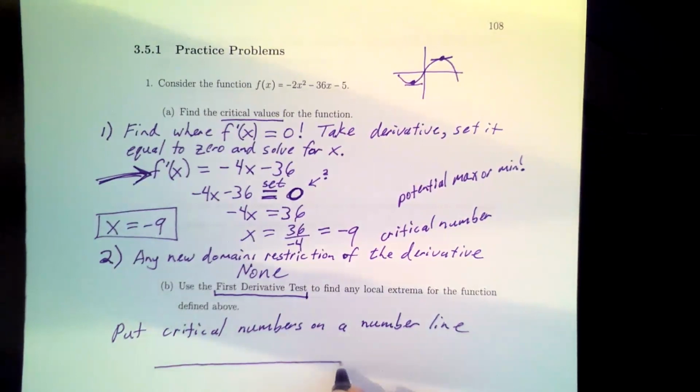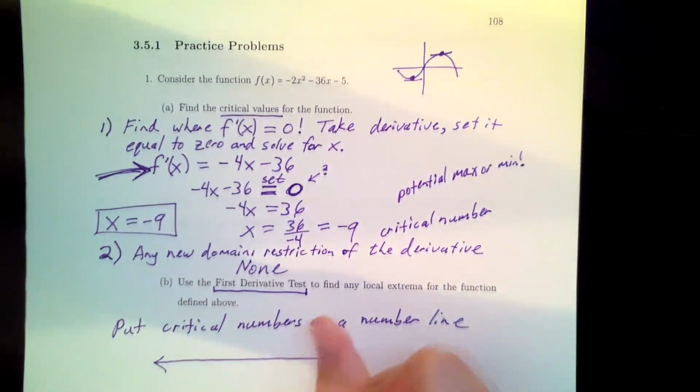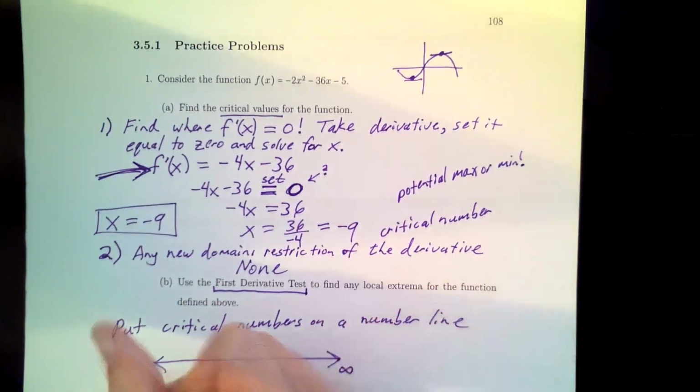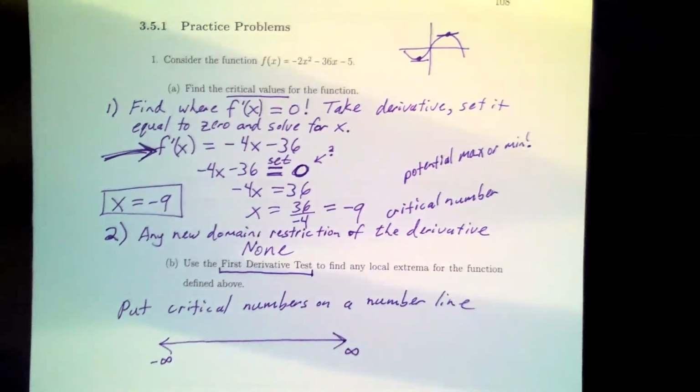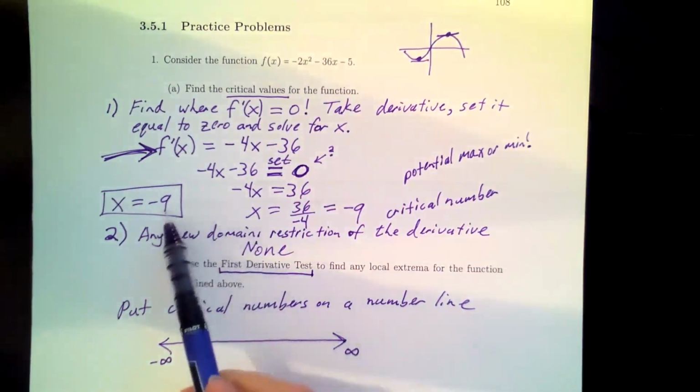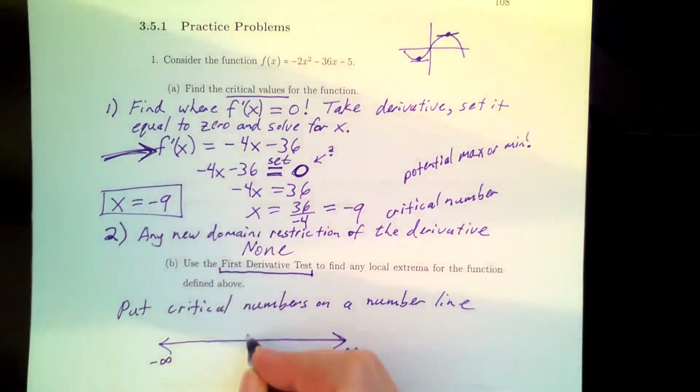Create a line where all the way to the right is infinity and all the way to the left is minus infinity. And this is supposed to represent the whole entire domain of your original function. But on this number line, you're not going to put any other numbers except for your critical number. So maybe in the middle here, you put your critical number -9.